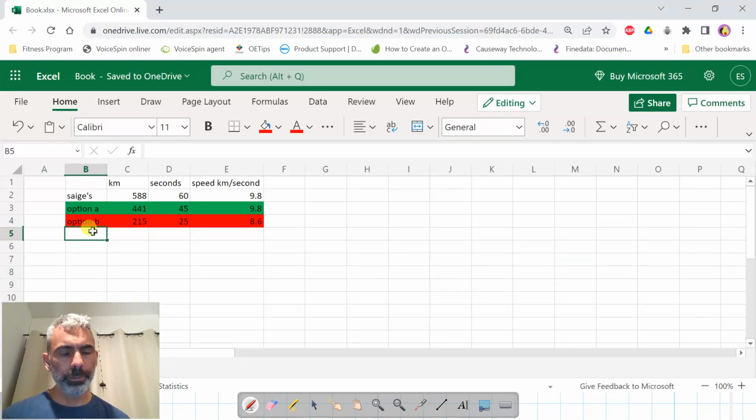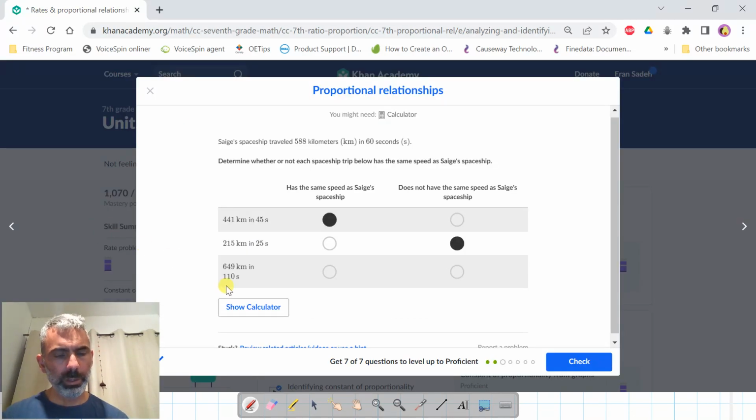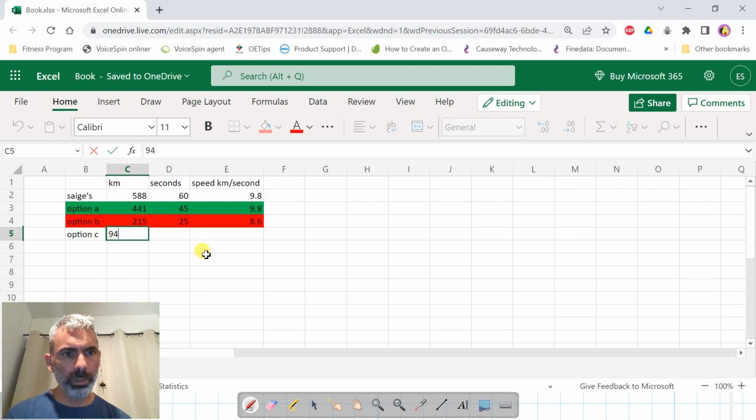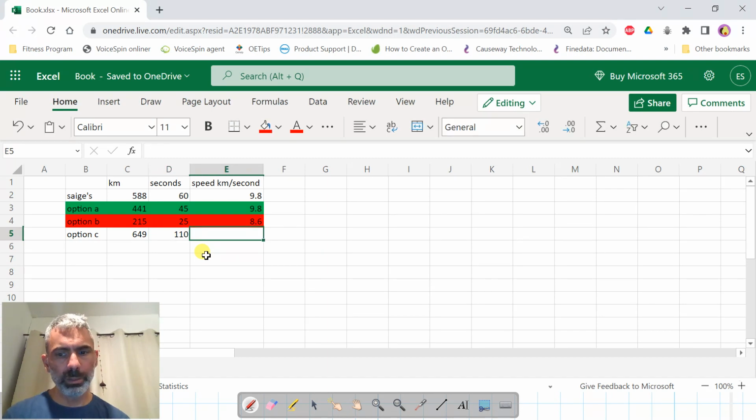Option C, we have 649 kilometers, and we have 110 seconds. So I can copy the formula from here to here with the paint.